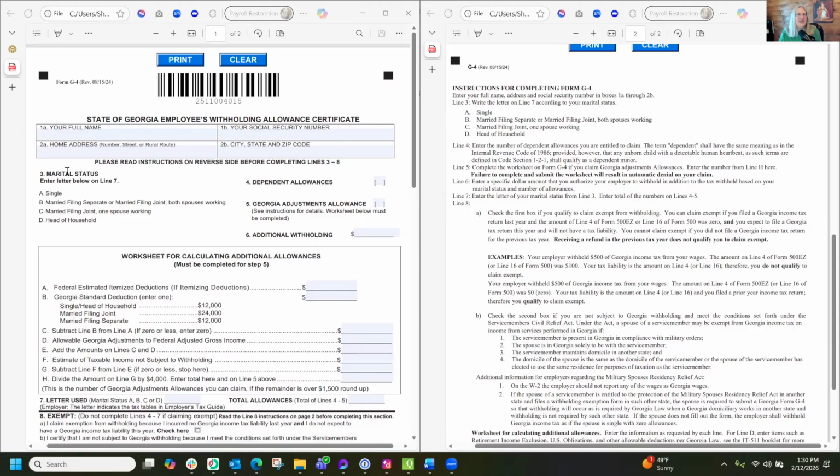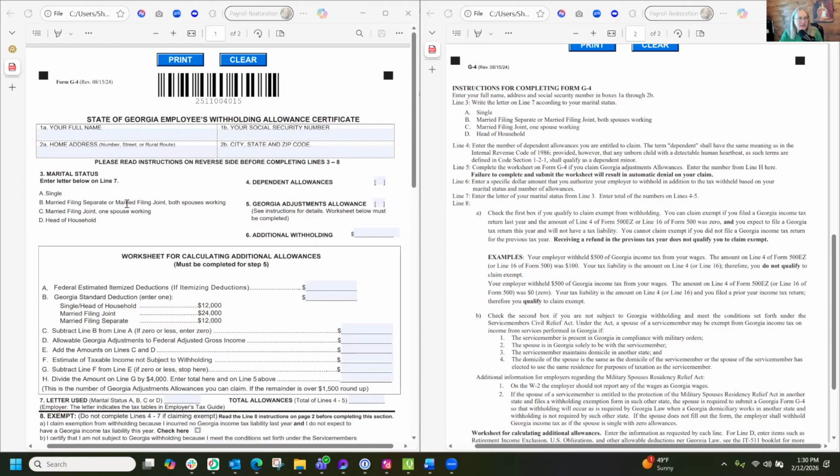So let's get started. With the G-4, it asks for the same standard information that all the other W-4 forms and W-4 form equivalents ask for, which is your full name, address, social security number, and in line 3, you're going to pick if you are single, married filing separate, married filing joint with both spouses working, married filing joint with one spouse working, or head of household.